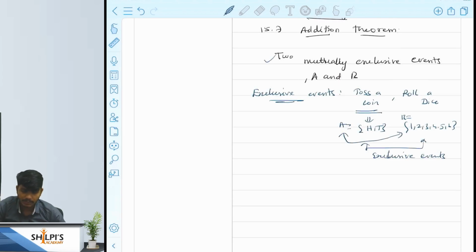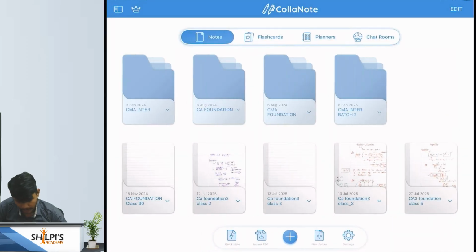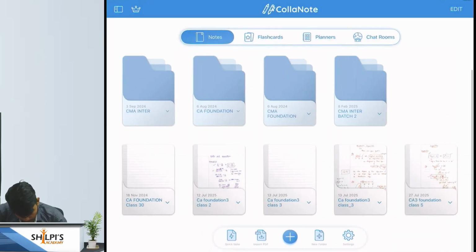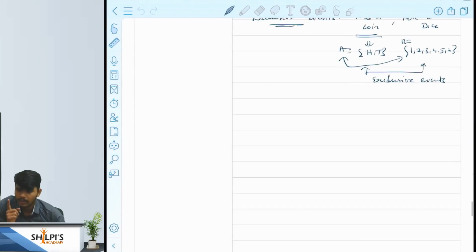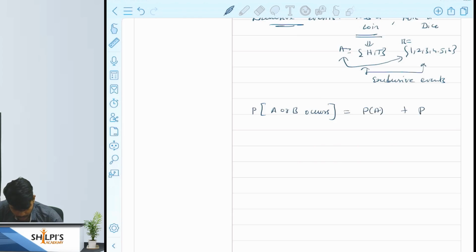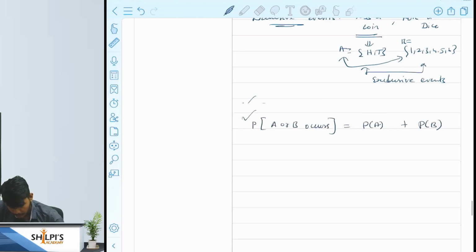For the addition theorem, we should have two mutually exclusive events. For any two mutually exclusive events A and B, the probability that either A or B occurs is given by the sum of the individual probabilities of A and B. So this is how we will write the addition theorem.